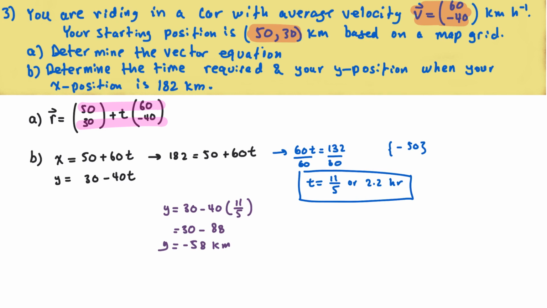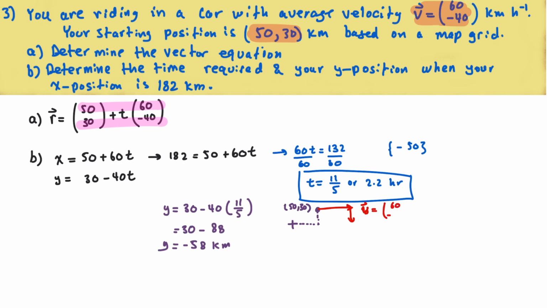So putting this all into perspective, if we had a grid, this is the (0, 0) point, or the origin, and originally we were somewhere here, that is point (50, 30), and we traveled in direction (60, -40). So that means 60 in this direction and -40 in this direction. That's our velocity vector.